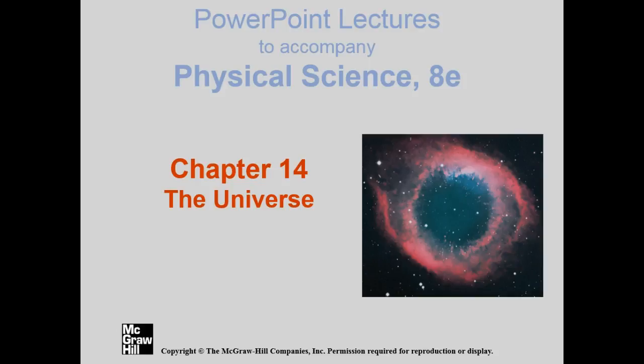But the universe, big. Now, this is a beautiful picture, probably taken from the Hubble Space Telescope. We're going to talk about it later in this chapter, so you don't have to know this now, but this is probably the result of a supernova. And this thing in the middle here is probably a neutron star or white dwarf or something.